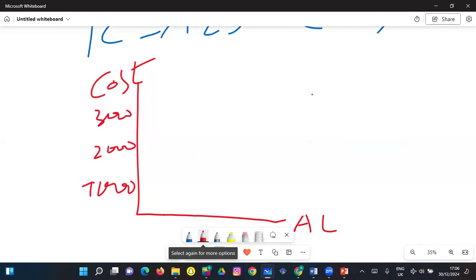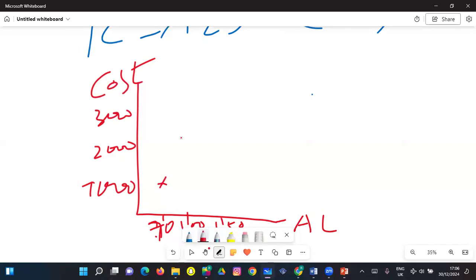Let's say this is the cost and the activity level. Let's say 70, 100, 150, and the likes, right? So they are going to plot all the points. The first one is 70 and then 1,000.